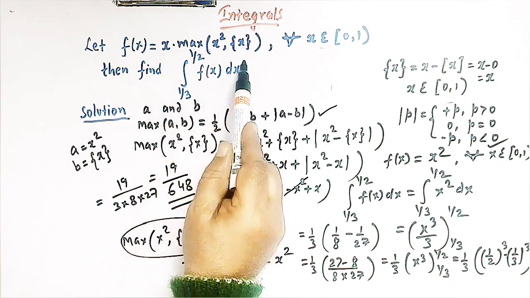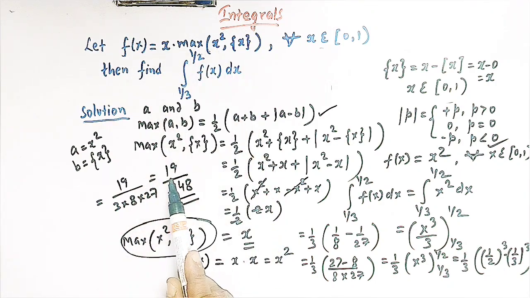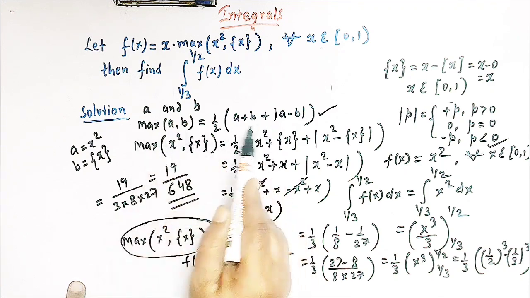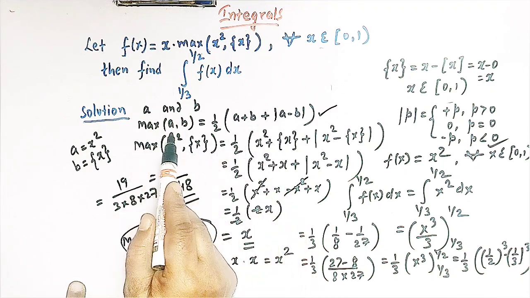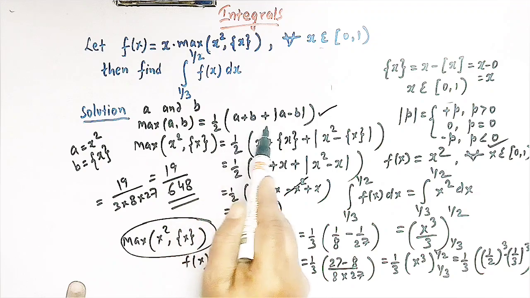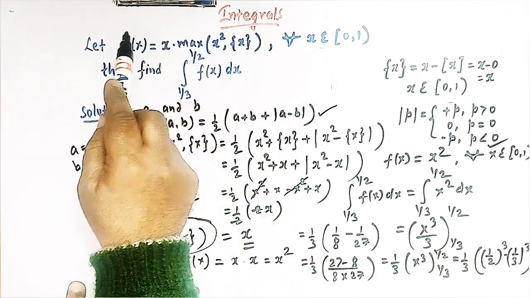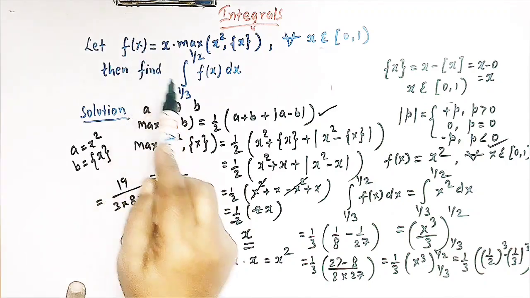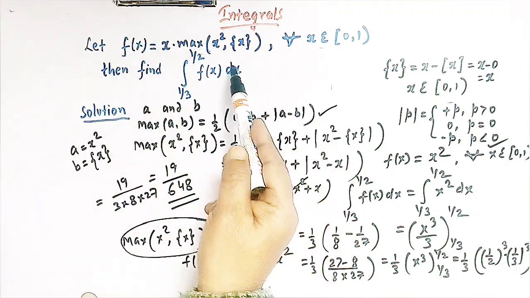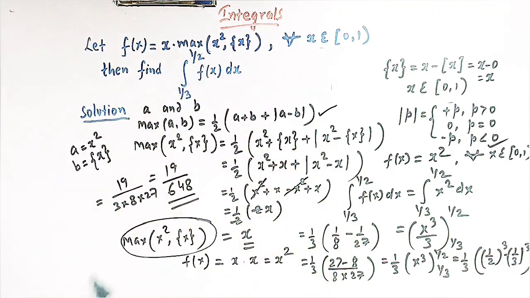So viewers, the value of this integral is equal to 19 divided by 648. So this is how by using the concept of maximum of a comma b, we can easily modify functions of this kind, and we can further solve these types of integrals.